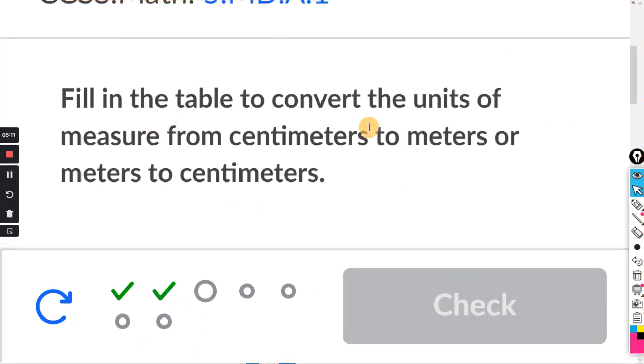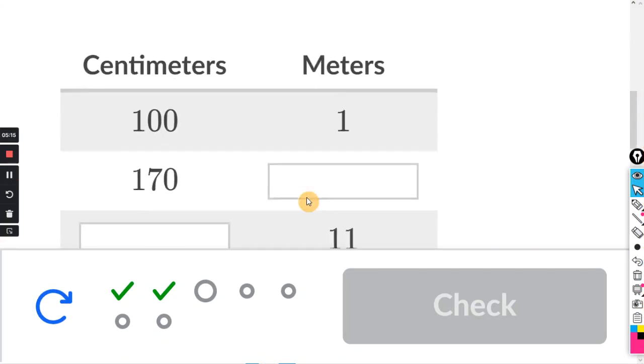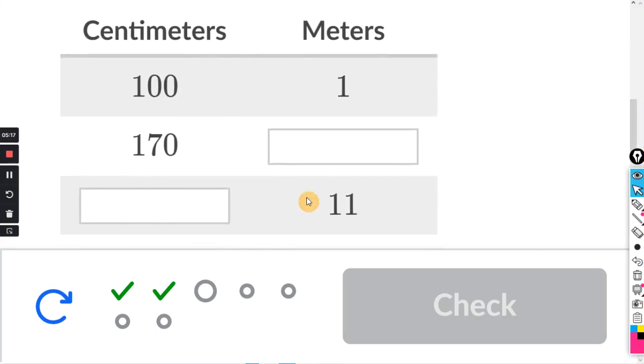Fill in the table to convert the units of measure from centimeters to meters or meters to centimeters. In case you didn't know, 100 centimeters equals 1 meter. Now, you don't always have to set up fractions. Here we can just multiply or divide.